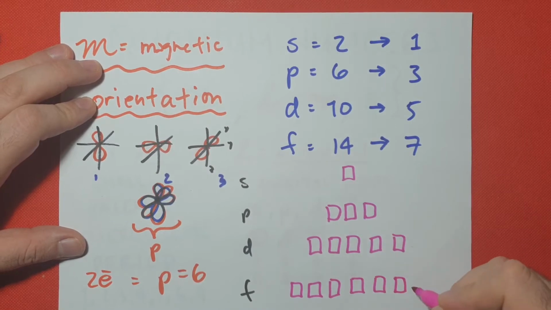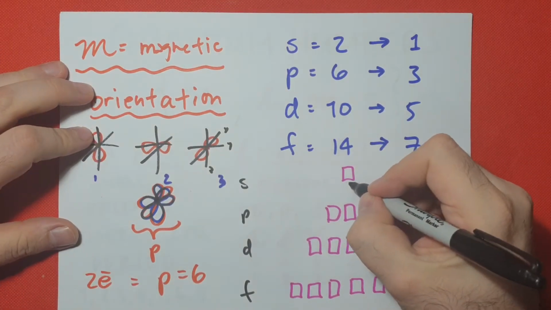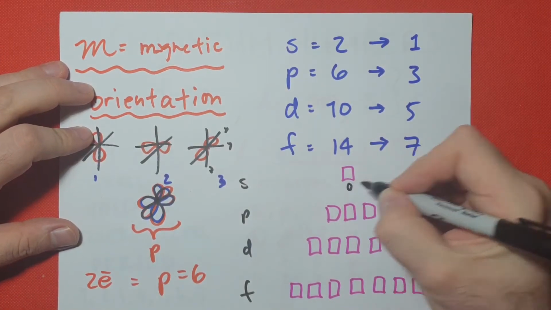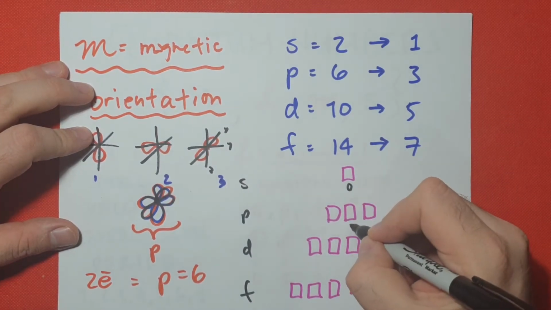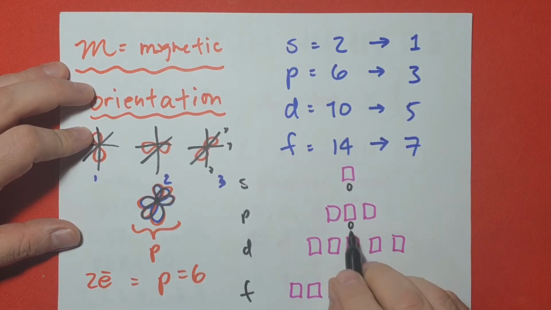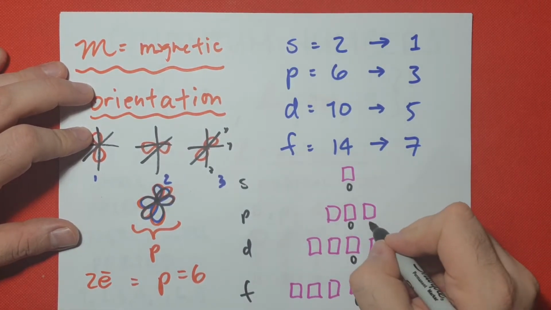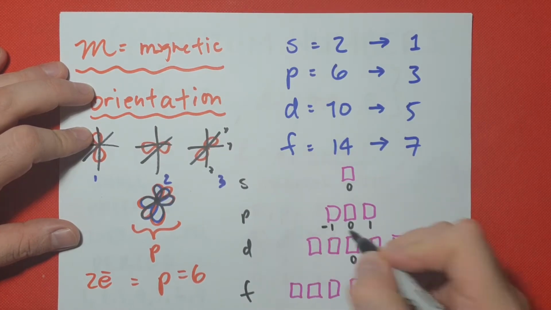And the way we actually assign the number values is quite straightforward. If we only have one box or one orbital orientation, the number is going to be 0. If we have 3 boxes, our box in the middle is always 0. So then, like if it was math, we go to number 1, and what's the other side on the number line? -1.